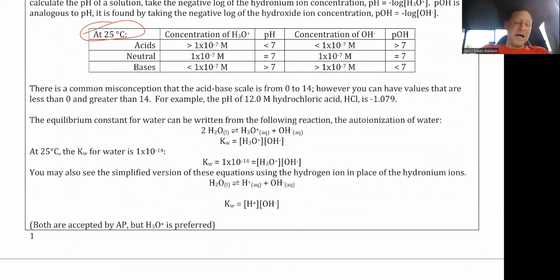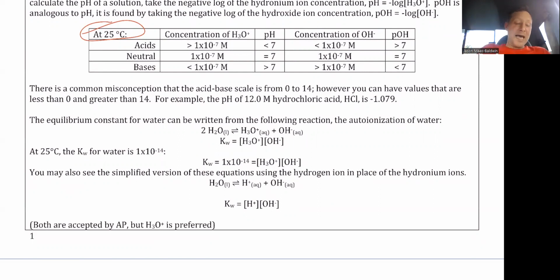And so at 25 degrees, we know that acids have a higher concentration of hydronium ions, which means the pH is less than 7. Since it's a negative log of the hydrogen ion concentration, whenever we put a p in front of something, it's the inverse. So getting a number that is smaller means a concentration that is higher, and getting a number that is larger means getting a concentration that is lesser.